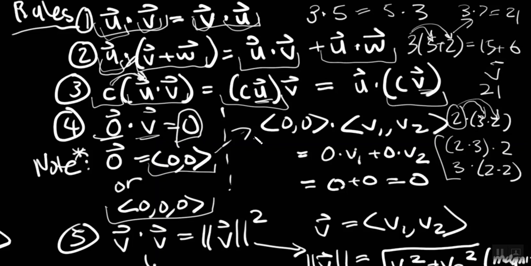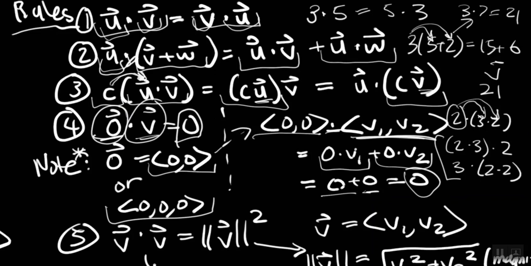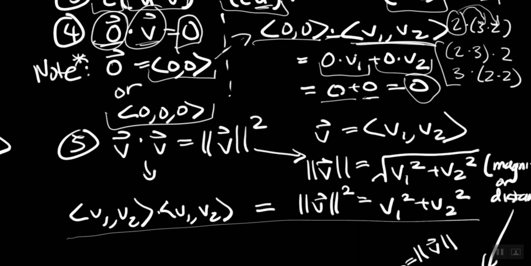So the 0 vector dot product with a random vector v1, v2 will yield this and this. And notice how 0 times anything is 0, and 0 times anything is 0, and you get 0. So that's kind of a proof on why dot producting the 0 vector and any vector will yield 0.